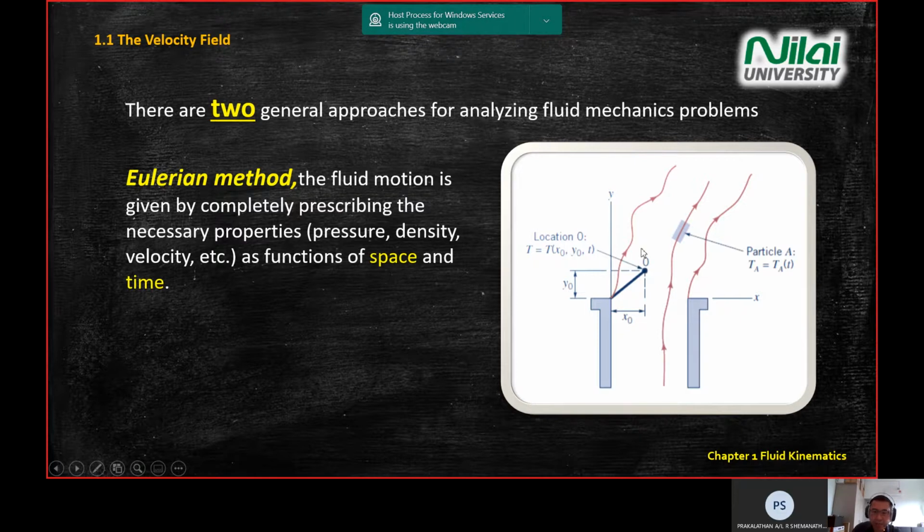This is the first method, referring to the Eulerian method. You focus on the space, the x, y, and z position, and then t, the time of collection. So this is the first method.